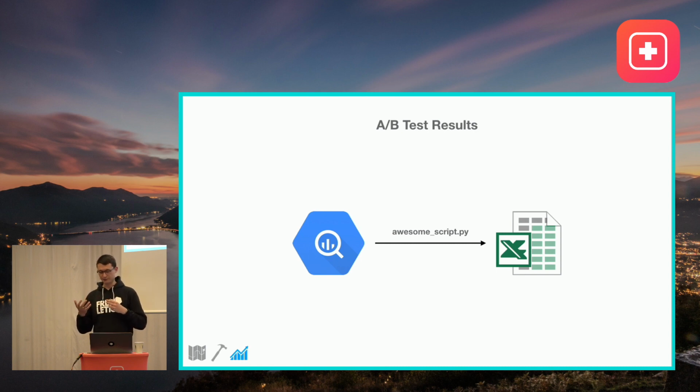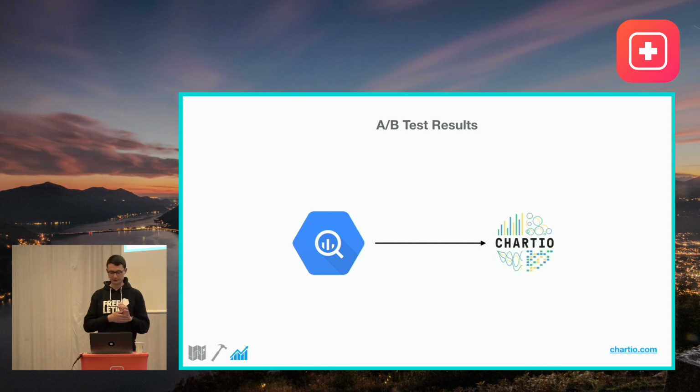These Excel sheets are then passed to product owners, and they make a decision. But we have future plans for moving this process to Chartio. Chartio is a service which helps visualize data in a nice way, because XLS tables are fine, but you still need to have a big heart to love looking into them.